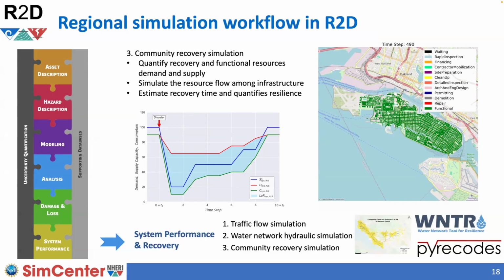After defining all of this, the methodology can help us estimate the recovery time and quantify the resilience of the whole community. I have an example to elaborate more on this in my later presentation.